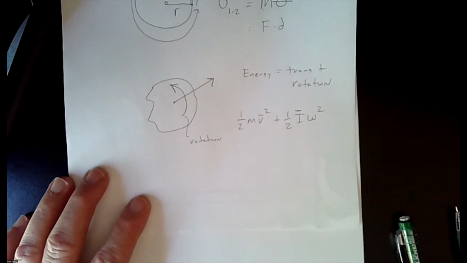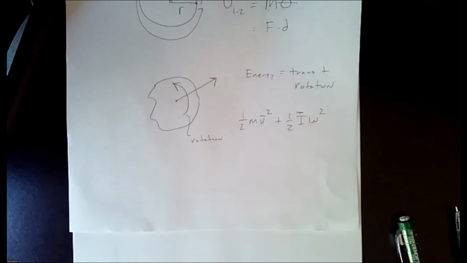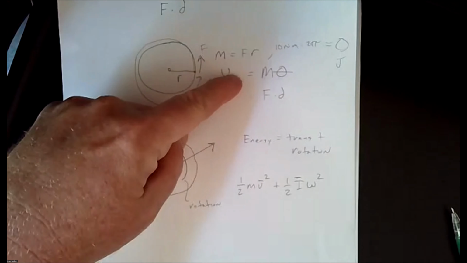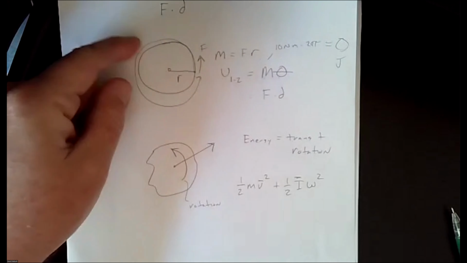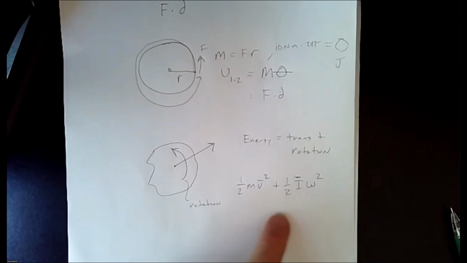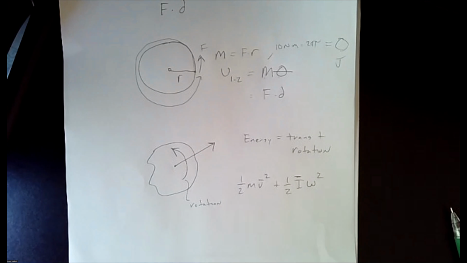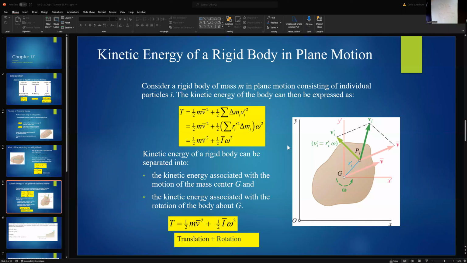Those are the only two terms that are new with rigid bodies: the moment of inertia that you have to take into account for its motion, and the addition of this I omega squared term. That's it. And that's what's summarized here.